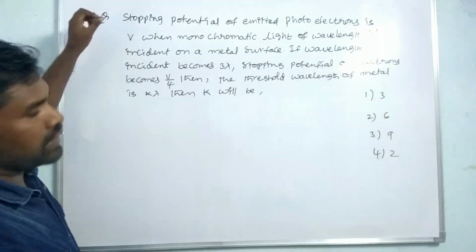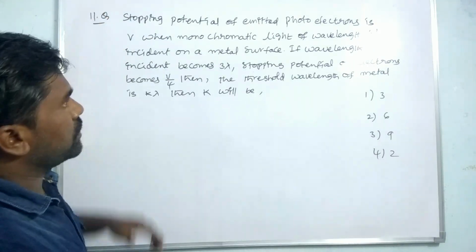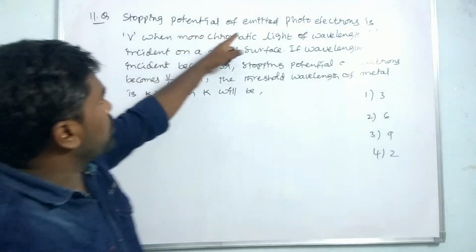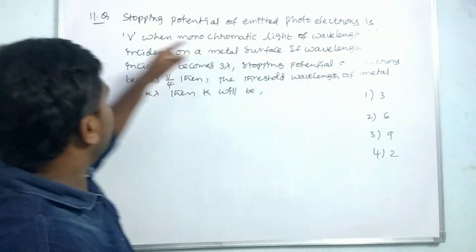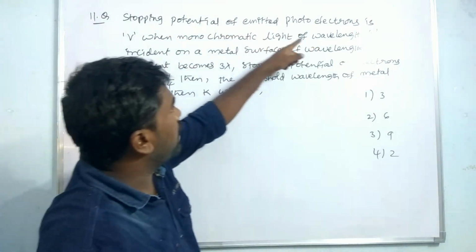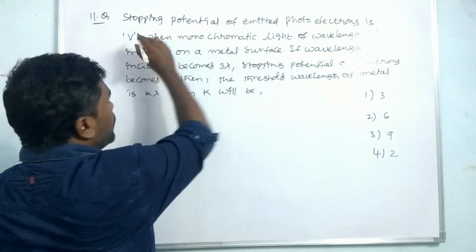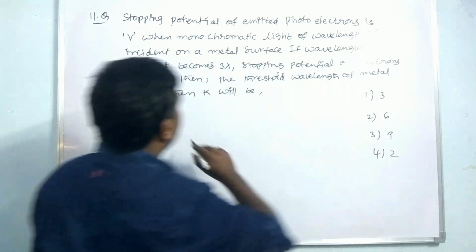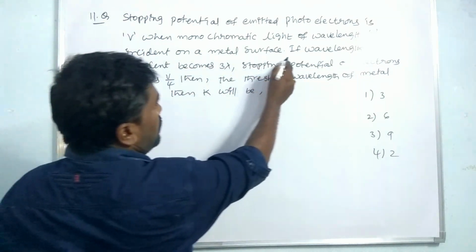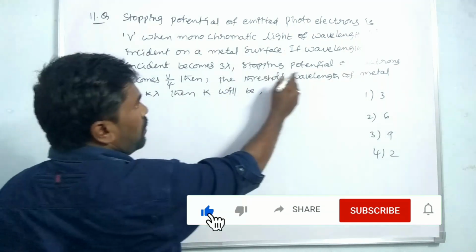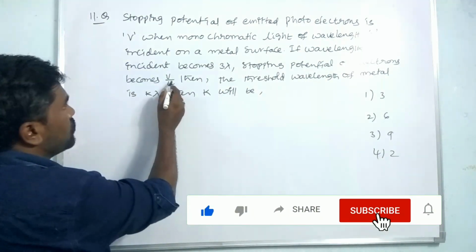This is from the photoelectric effect, which we are expecting very easily. The stopping potential of emitted photoelectrons is V when monochromatic light of wavelength lambda is incident on a metal surface. If the wavelength of incident light becomes 3 lambda, the stopping potential becomes V by 4.